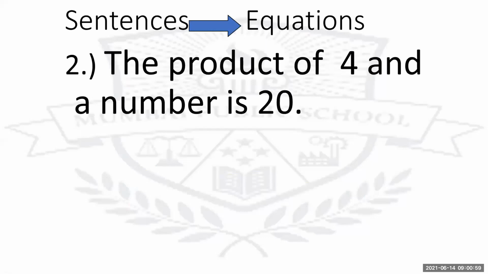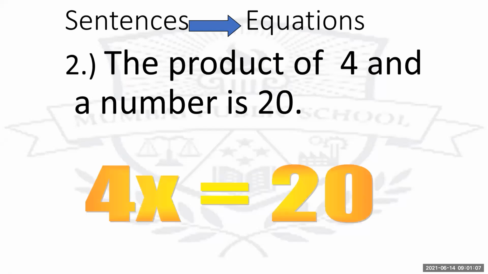Next question, or the next sentence. The product of 4 and a number is 20. Now check, we've come across the word product. And product means multiplication. Multiplication of what? 4.